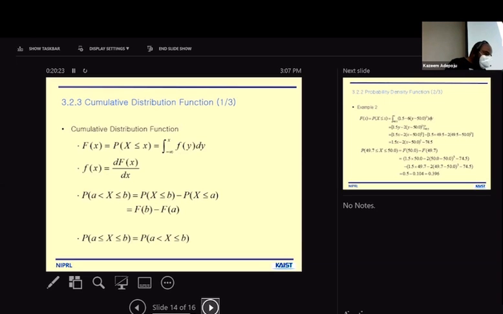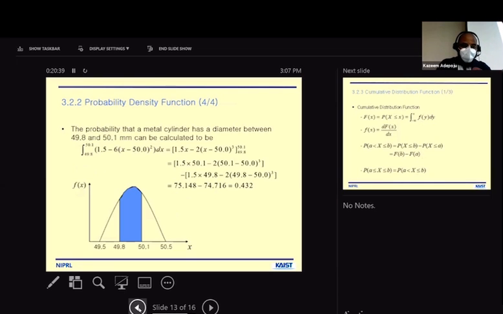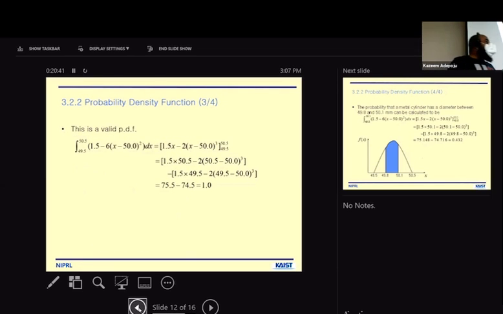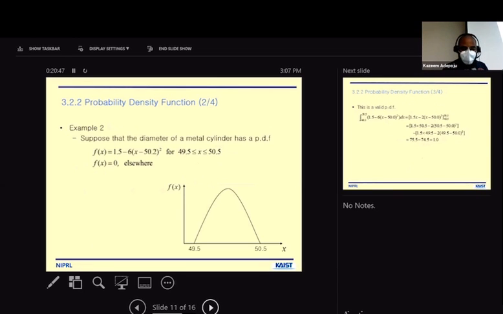I'm going to start from the lowest point to that particular point. The general formula is to start from negative infinity to x. But in the case of the question that we're doing here, I'm going to start from the lower point, 49.5, to x. Does that make sense? I'm going to show you how that can be done.